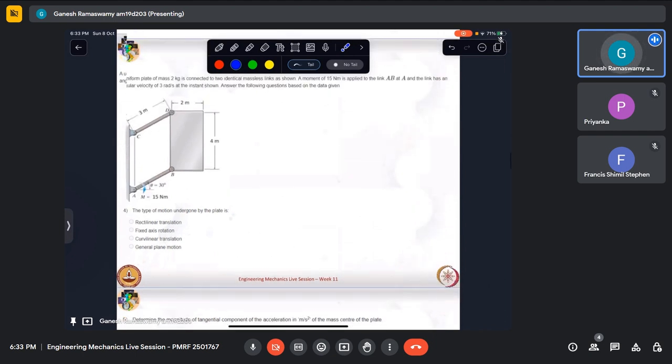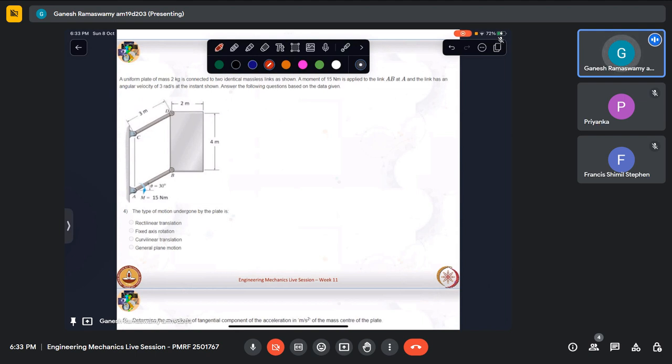The type of motion undergone by the plate is what is asked. Now we have seen umpteen number of times that once we can decide the velocities of any 2 points on a rigid body, then we can find out its motion totally.